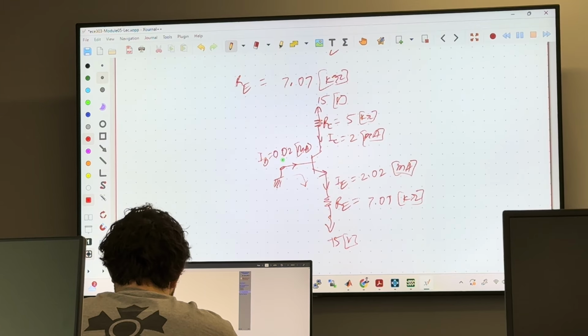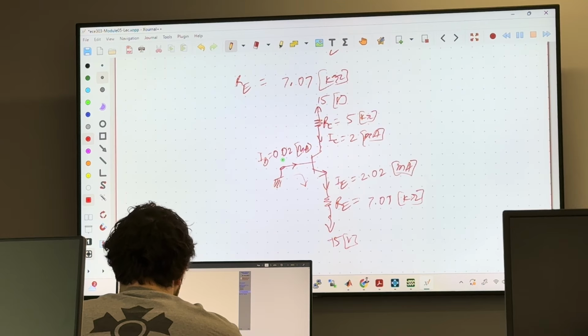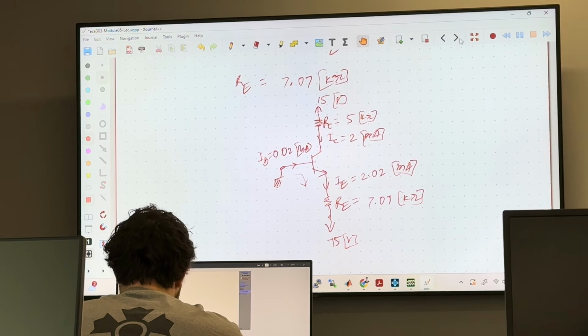The base current is going to be in the range of microampere, and the collector or emitter current is going to be milliampere. Do you see? How much DC current gain that you see? So that is the reason you use BJT when you need high current gain. So this is one example.